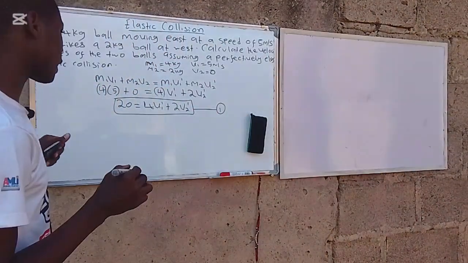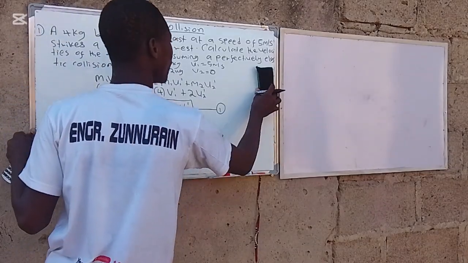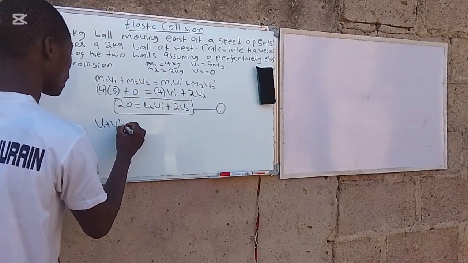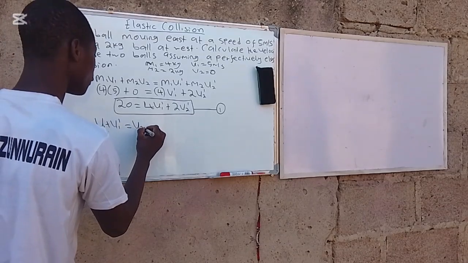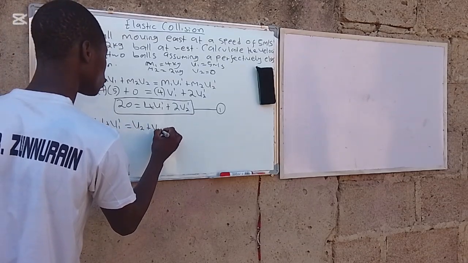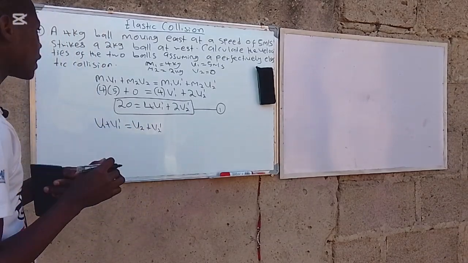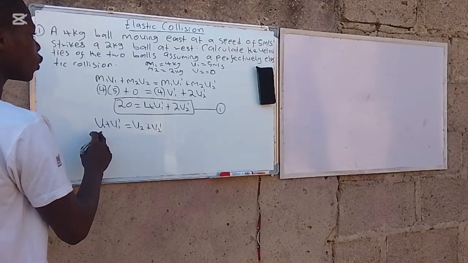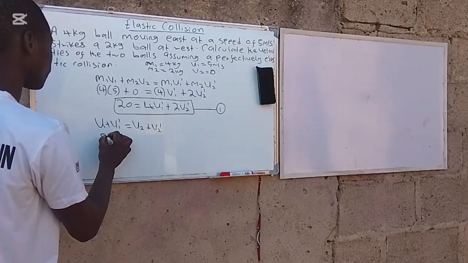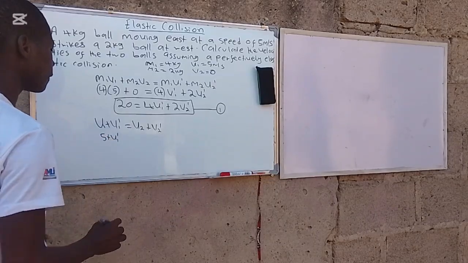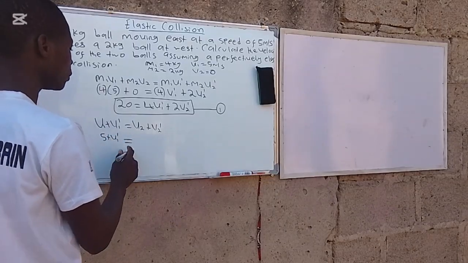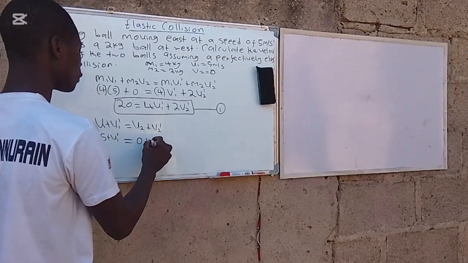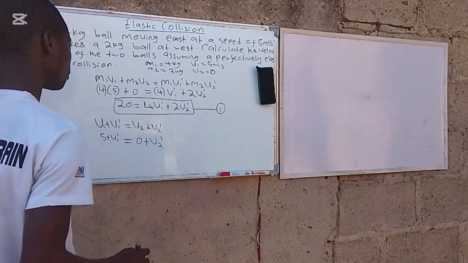Now I have to use the kinetic energy. So v1 plus v1 prime equals v2 plus v2 prime, because kinetic energy is conserved in elastic collision. Let me say the value of v1, which is 5, plus v1 prime, equals the value of v2, which is 0, plus v2 prime.